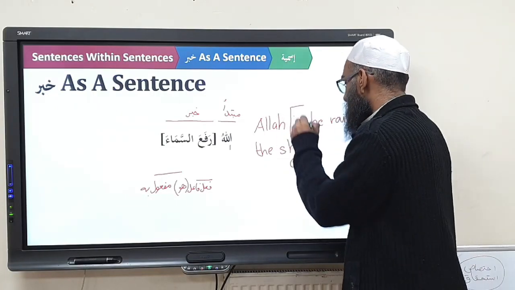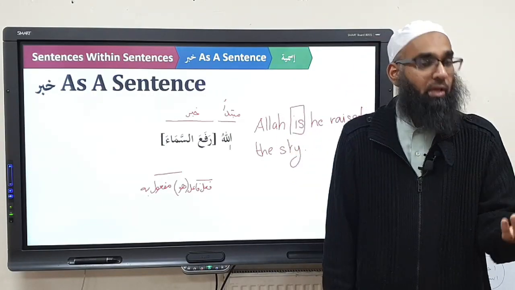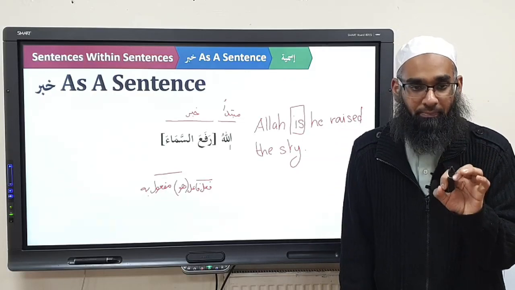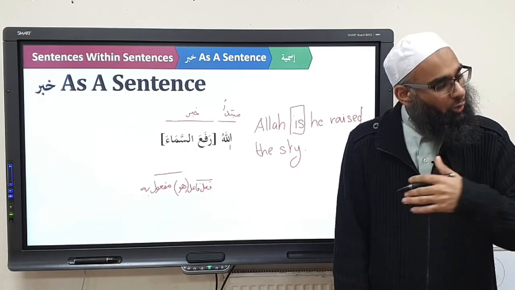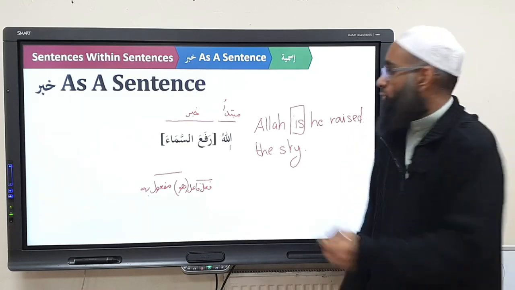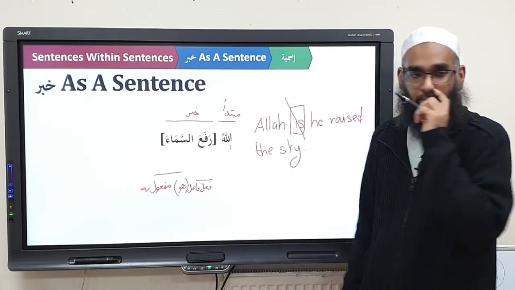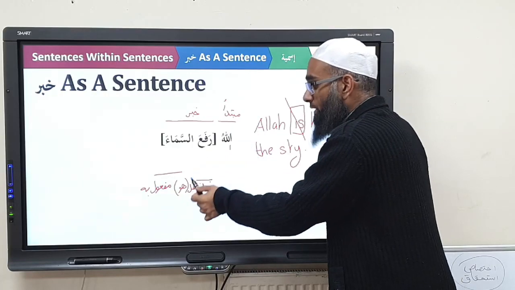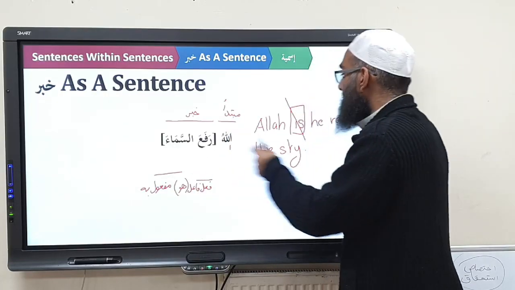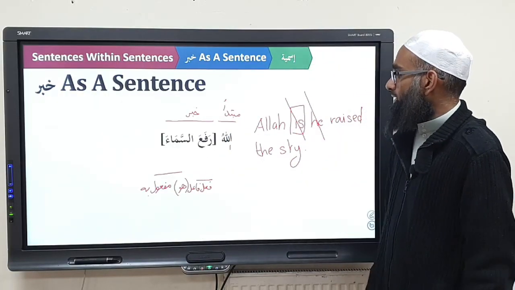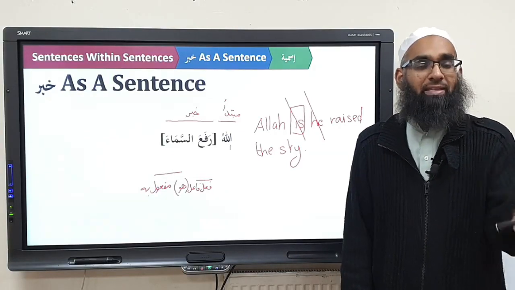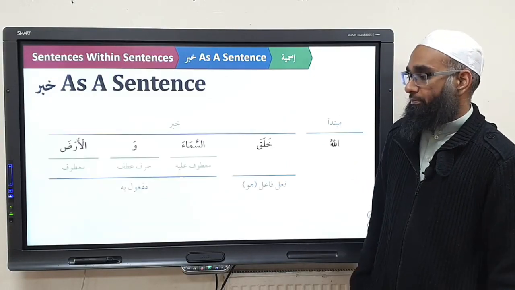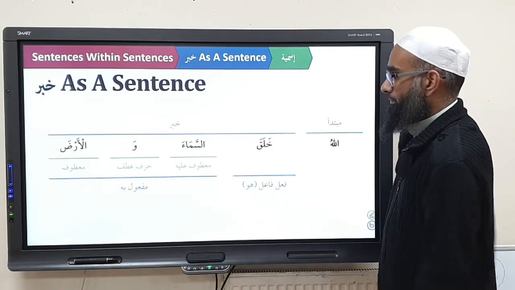Yes, it is jumla ismiya. But basically, when you have a jumla ismiya where the khabar is a jumla fa'liya, you don't do a jumla ismiya translation. You take off the "is," and you also take off the pronoun which refers to the mubtada, basically "he." And you just say what? Allah raised the sky. You don't say Allah is, He raised the sky. This would make sense.